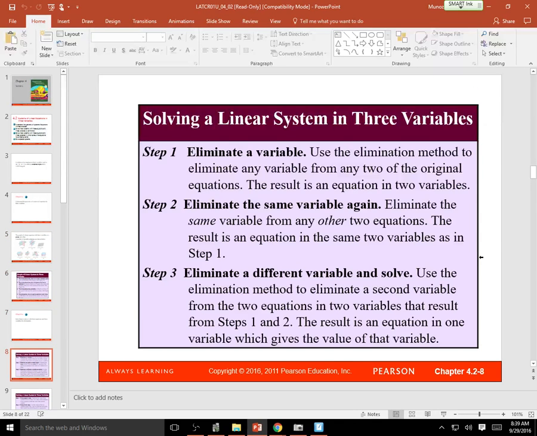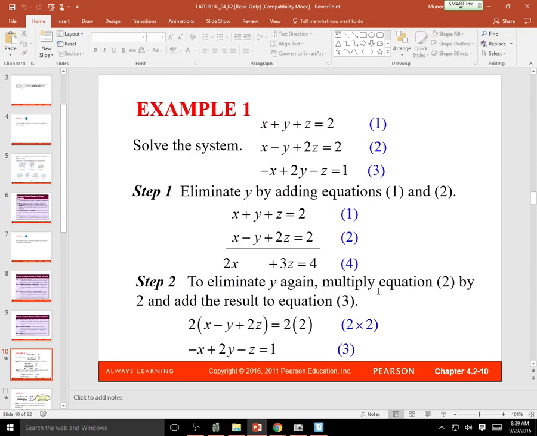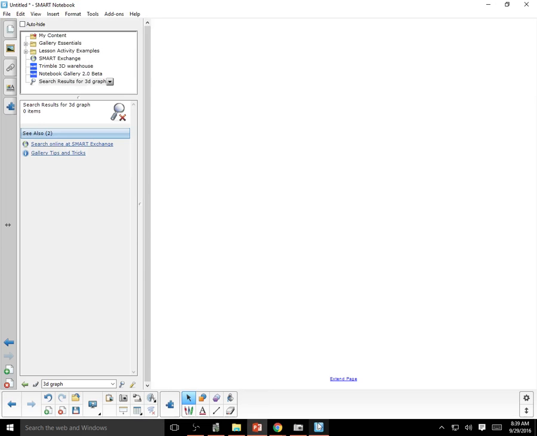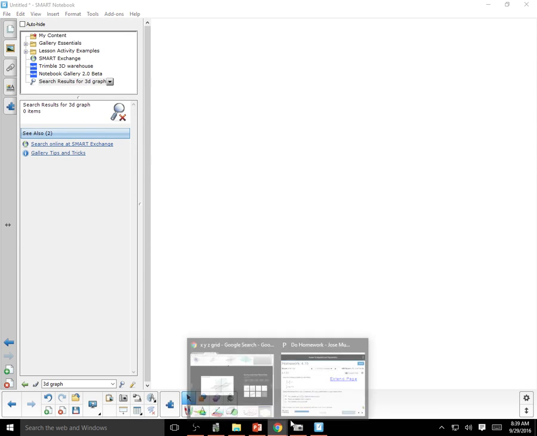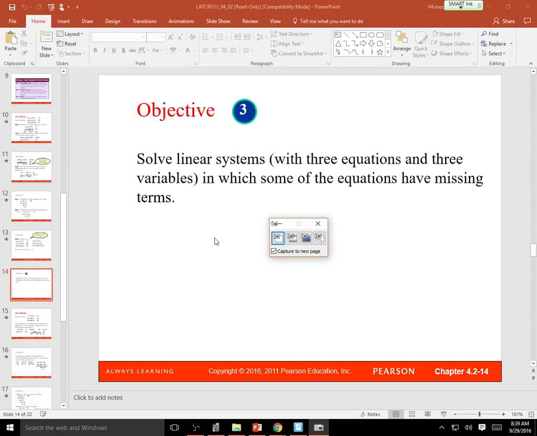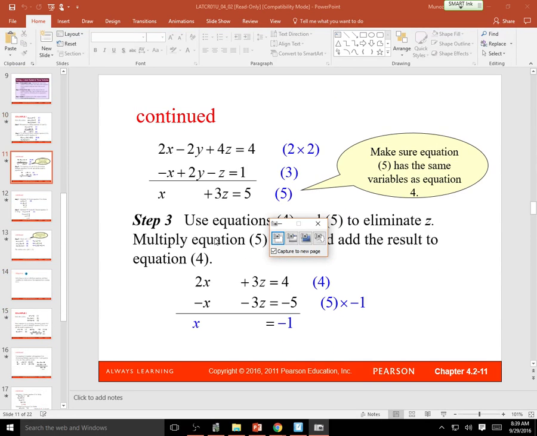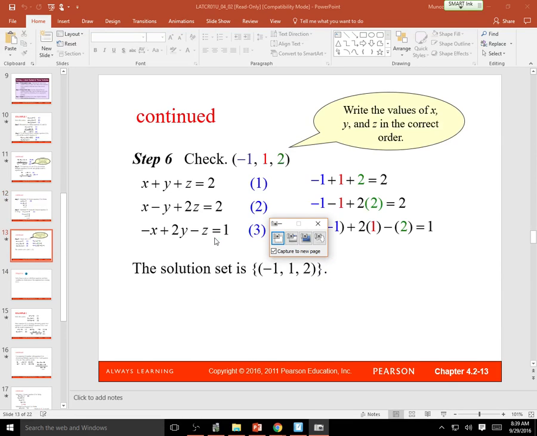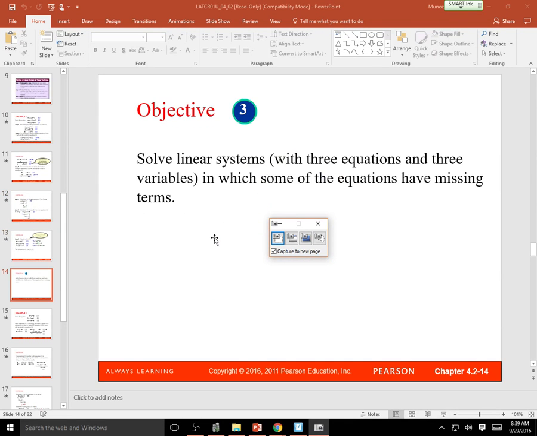Let's get into the nitty gritty here. Let me take that first problem. Okay, and here are the slides that show you how to do that problem. It's 1, 2, 3, 4 slides.